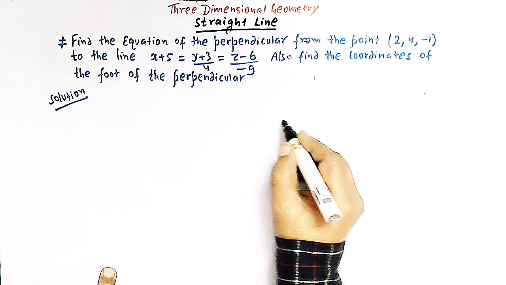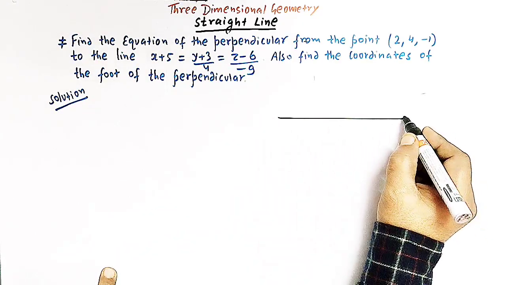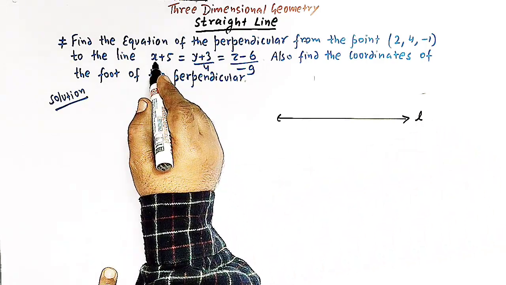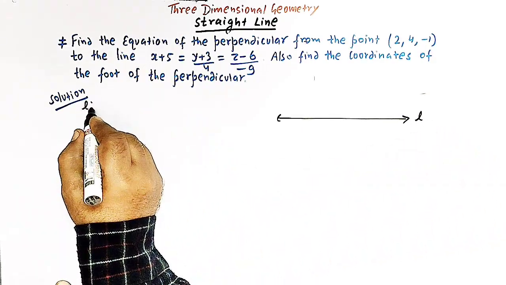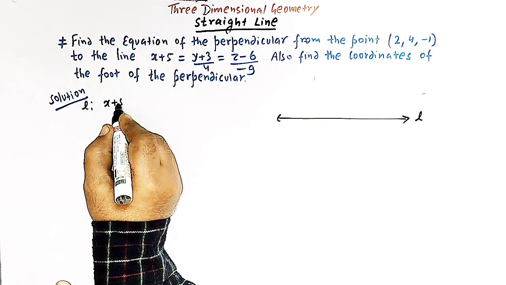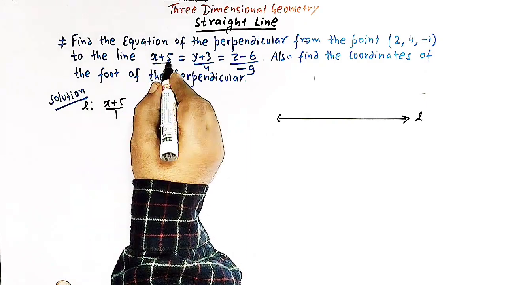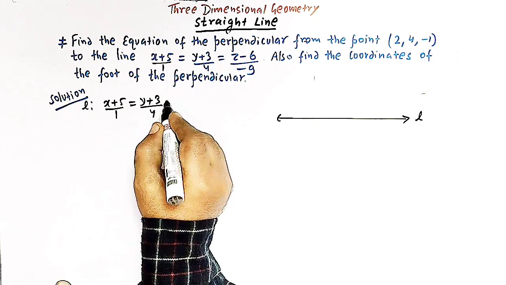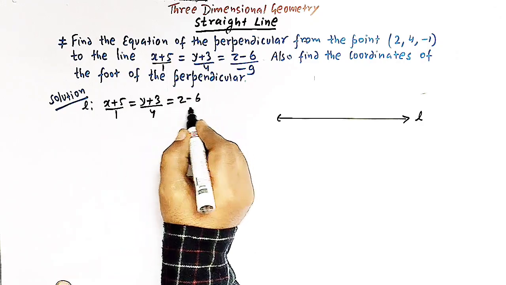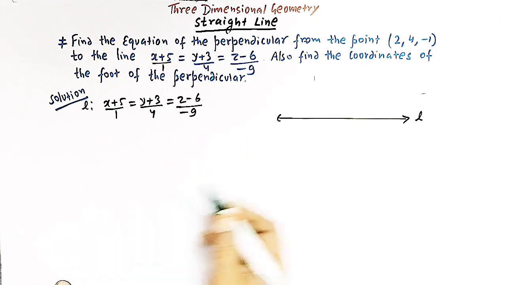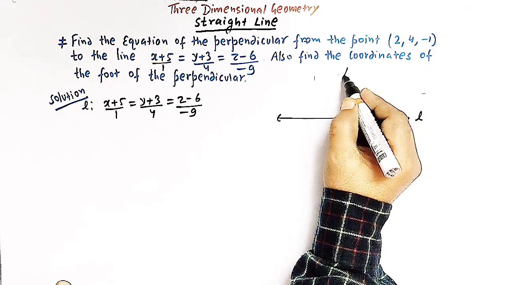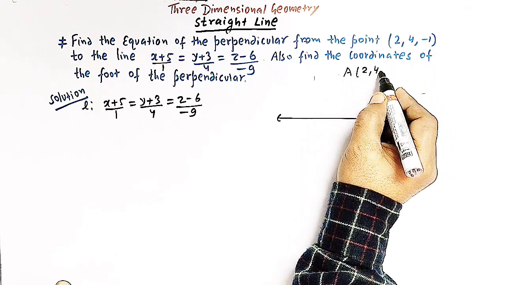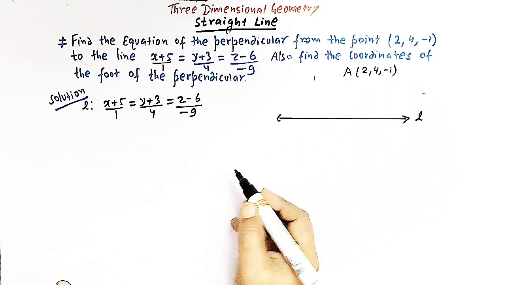So here we are given a line, and suppose this line is L, and the equation of the line L is given as (x plus 5) over 1, so here we can take 1, and then we have (y plus 3) over 4 and (z minus 6) over minus 9. And here we are given a point, say A, whose coordinates are 2, 4, minus 1, right?